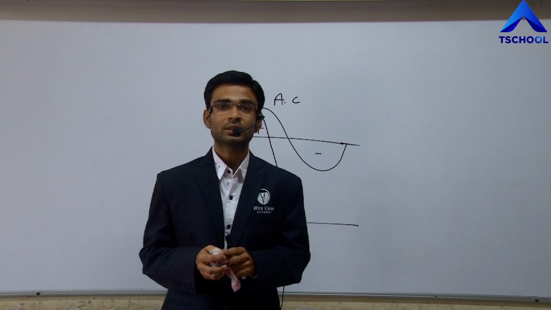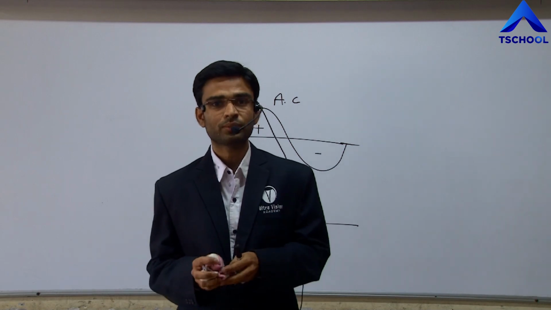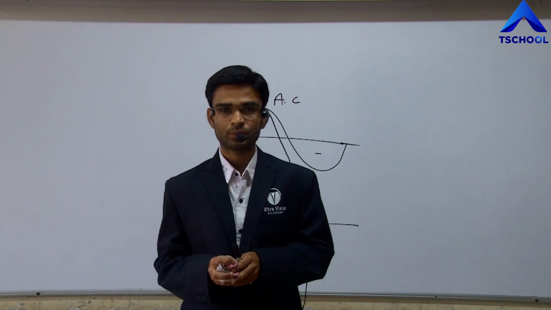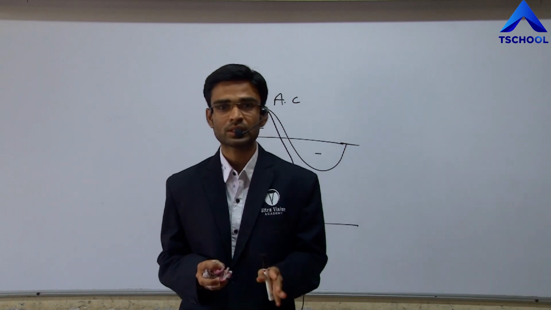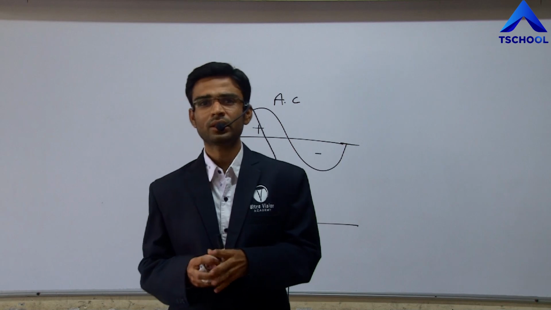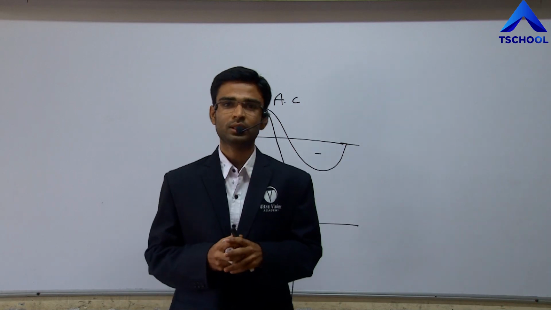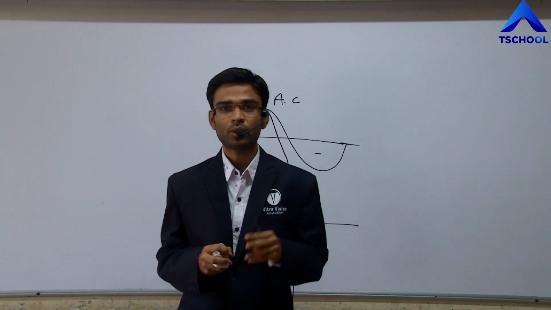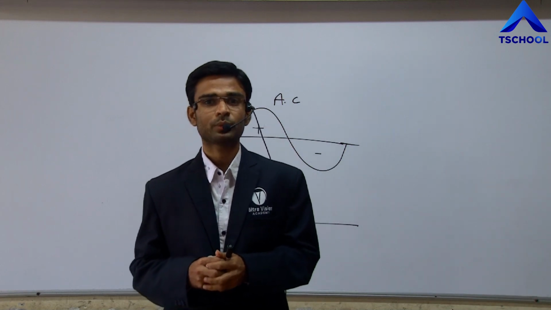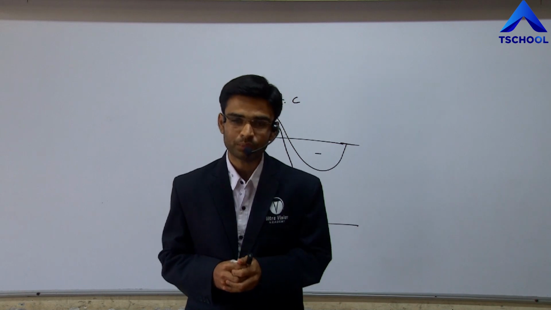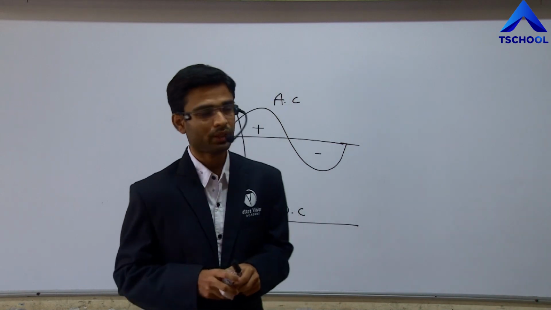And in the next video lecture we will learn about the full wave rectifier. The full wave rectifier is also known as the bridge rectifier, but in our syllabus only the half wave and full wave rectifiers are explained.